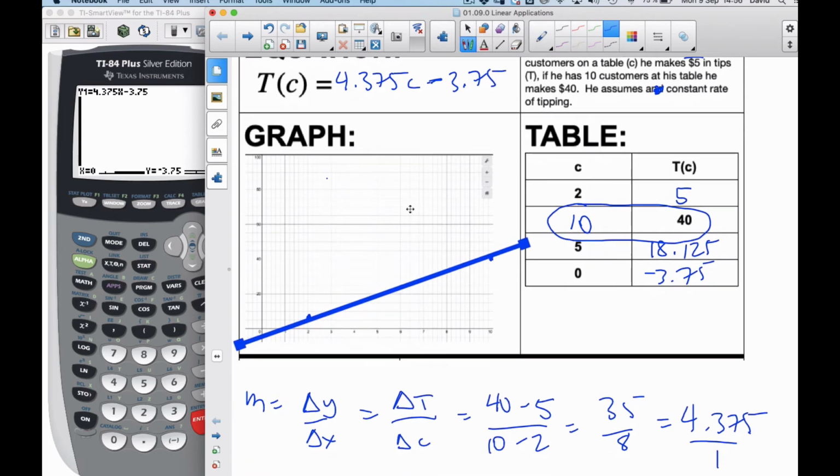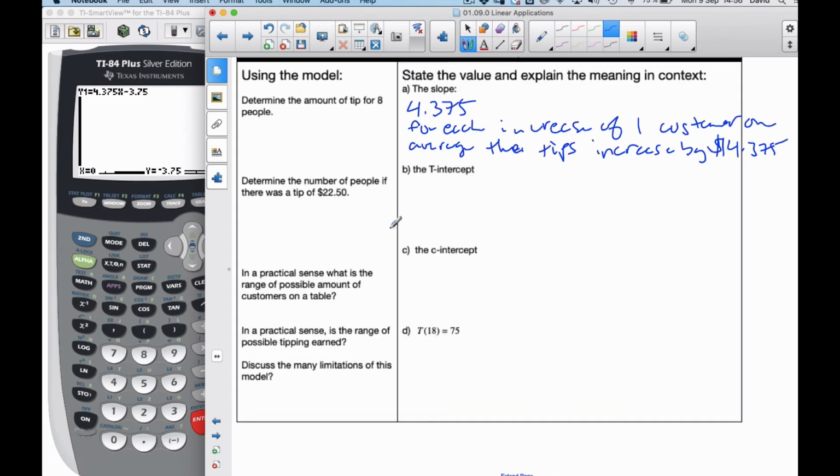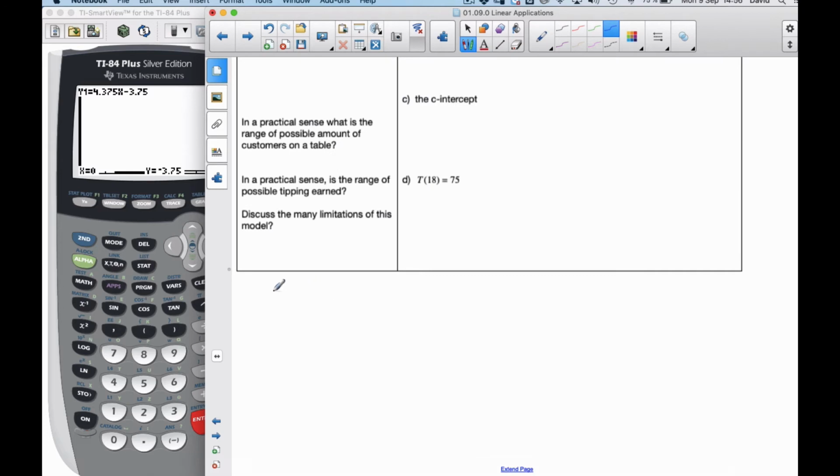Okay, so continuing along, let's look at what else we need to answer here. I want to find the t-intercept and the c-intercept, and if I recall, I know that t of c is equal to 4.375c minus 3.75.